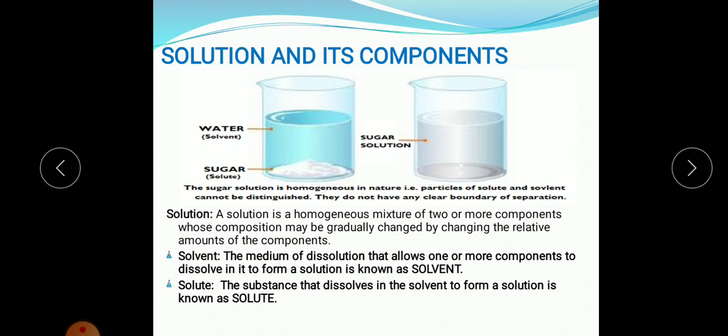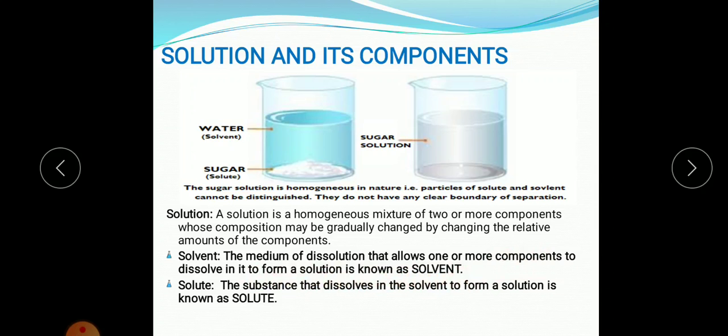A solution is a homogeneous mixture of two or more components whose composition may be gradually changed by changing the relative amounts of the components. Solvent, the medium of dissolution that allows one or more components to dissolve in it to form a solution, is known as solvent.